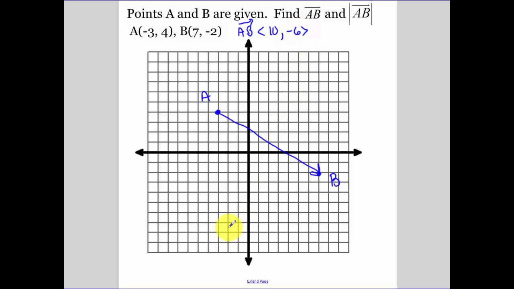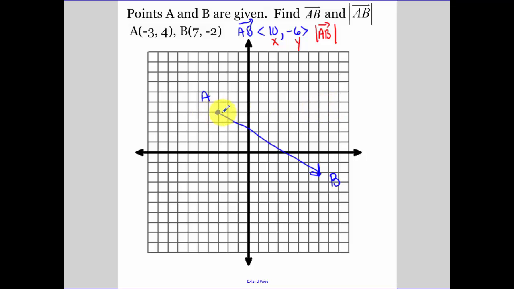Now look at this vector like this. In your x direction, to get from A to B, do you go 10 in the positive x direction? We go 10 in the positive x direction. Do we go down 6? We go down 6 in the y direction. So that's my x direction, that's my y direction, or my a and my b. To find the magnitude of AB now, all it is is the Pythagorean theorem.